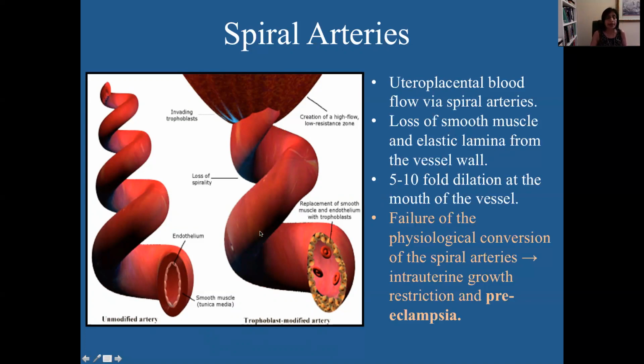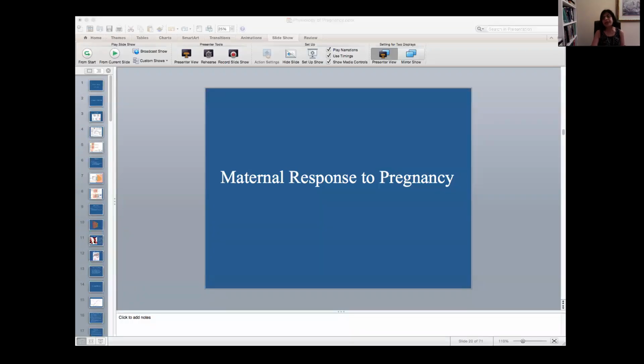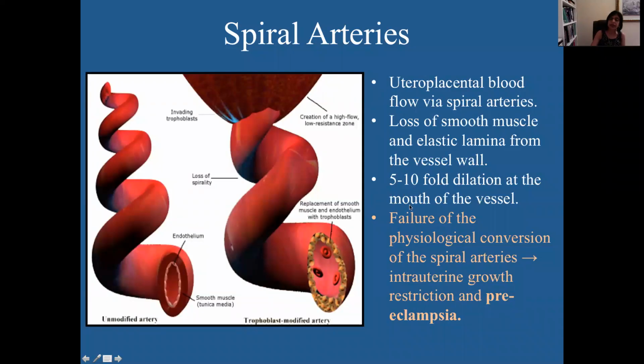And then you're looking at this is a normal, healthy artery, and this is the bad one in preeclampsia. The changes that you see are going to be discussed later when we look at preeclampsia as a condition. For now, let's talk about dilation of the spiral artery, which we talked about, and then provide more blood supply to the placenta.